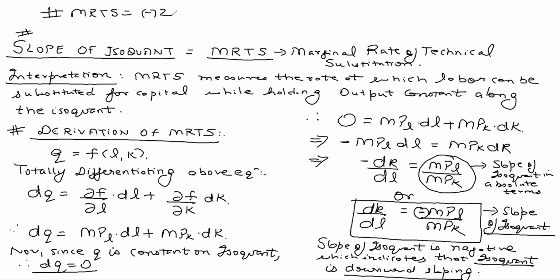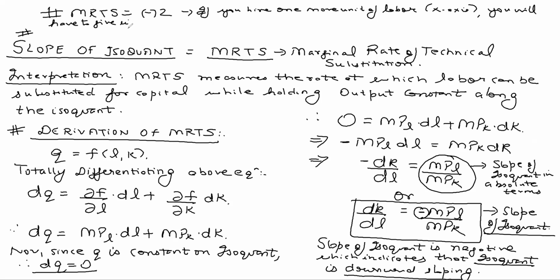This means that if you hire one more unit of labor, measured on the x-axis, you will have to give up 2 units of capital, measured on the y-axis, to produce the same level of output.